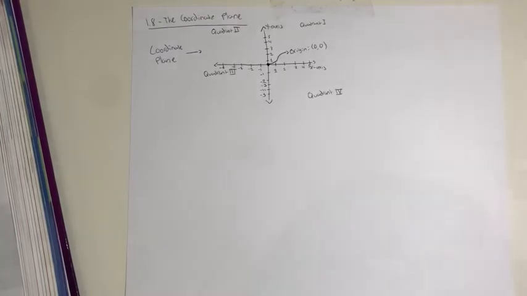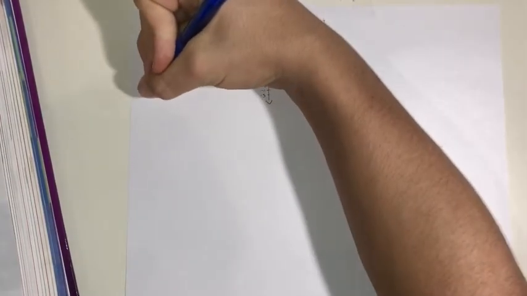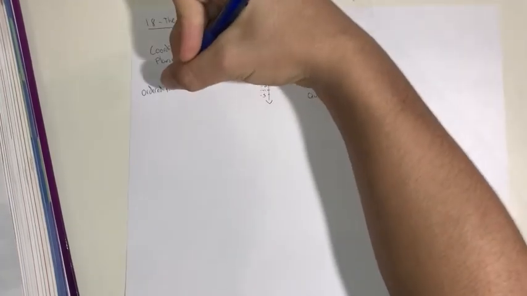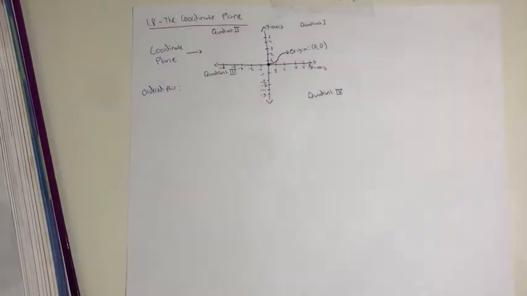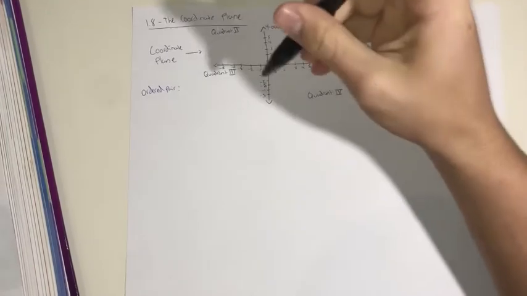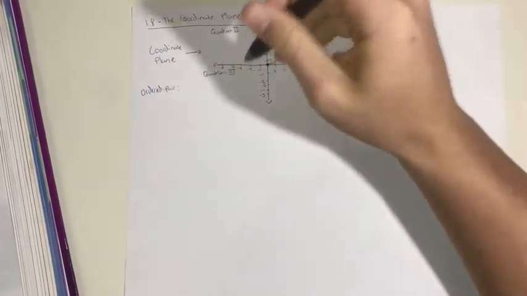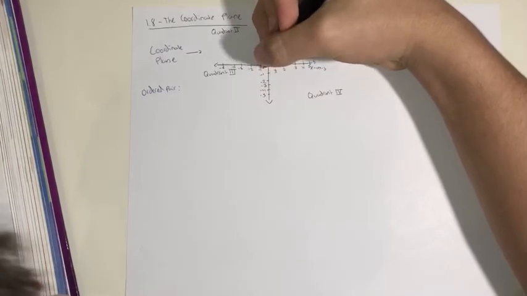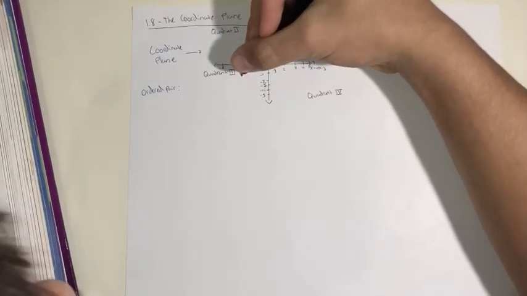So an ordered pair is any point in the coordinate plane. So let's say you had a point over here.